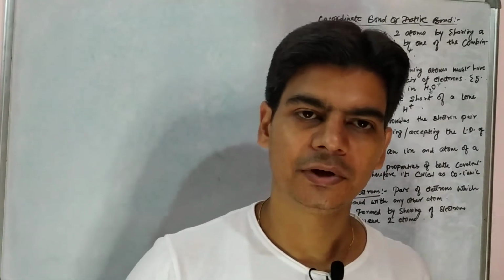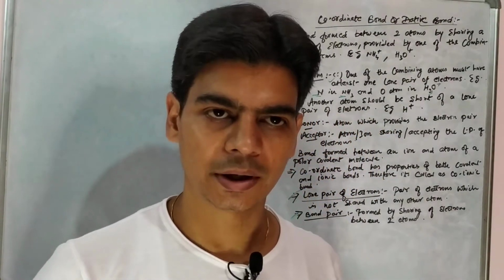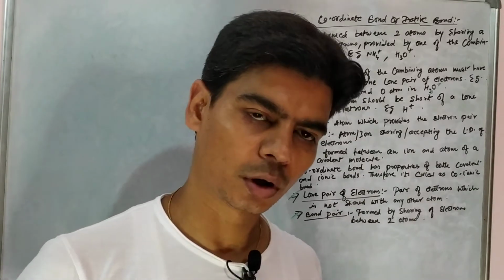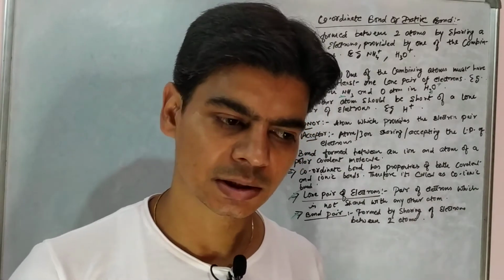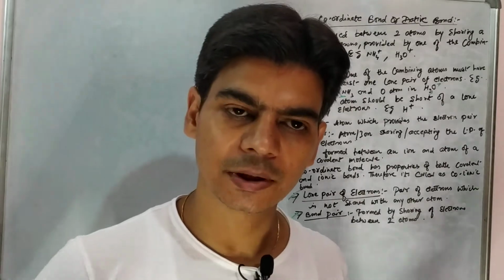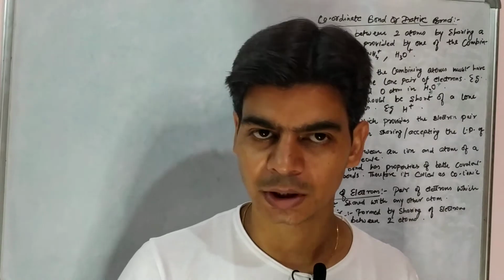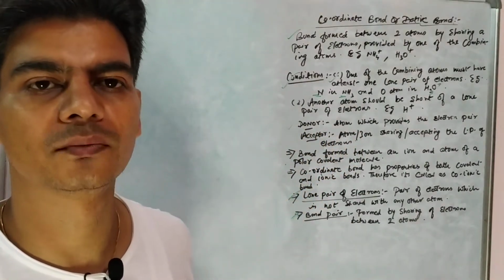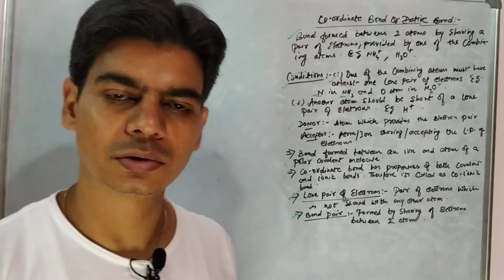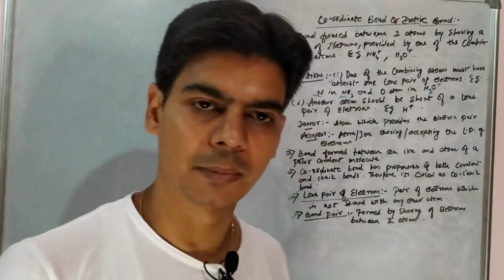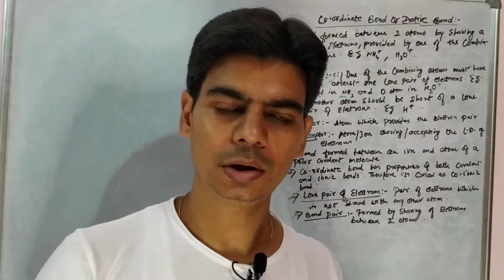In the previous video we have understood covalent bonding, and we have seen that covalent bond formation takes place by sharing of one or more pair of electrons between the combining atoms, right? And one important thing in the covalent bond formation was that the shared pair of electrons came from both the combining atoms, and both equally contributed to the shared pair.